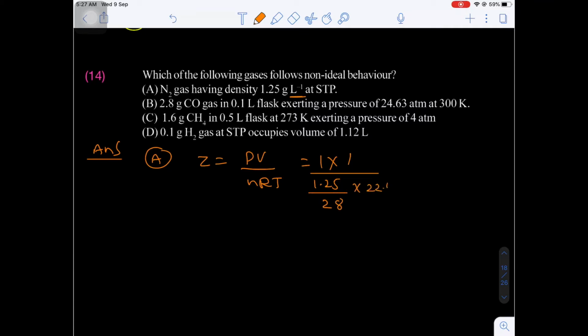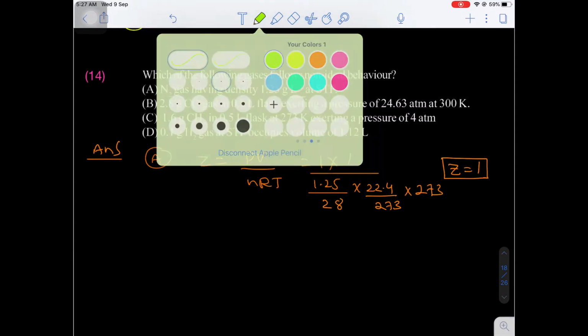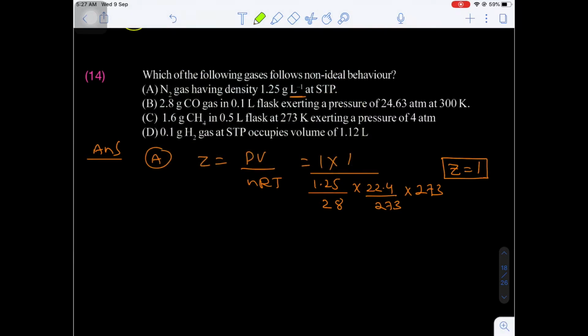What is the R value? 22.4 by 273. What is the temperature at STP? 273. So overall you will get the final answer, Z value equal to 1. Z equal to 1 means this is an ideal gas.